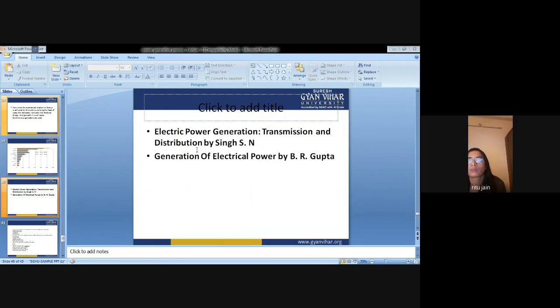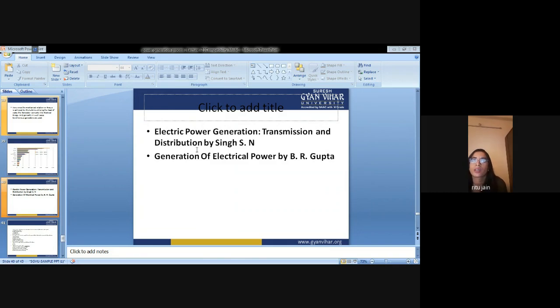So I can summarize now. We can summarize this lecture that we have already discussed: what is a hydropower plant, the different components of a hydropower plant, advantages and disadvantages of hydropower plants, how to calculate the energy generated through a hydropower plant, the different kinds of hydropower plants in India, and electricity generation in different countries using hydropower plants.